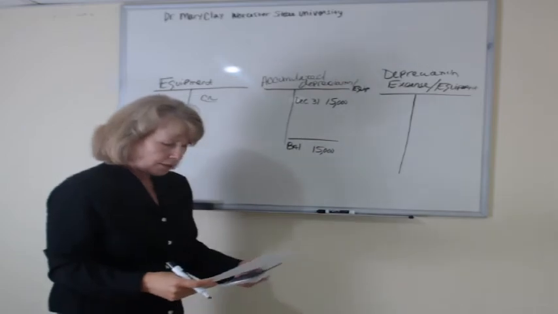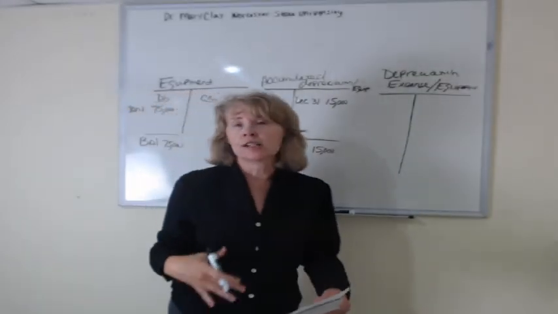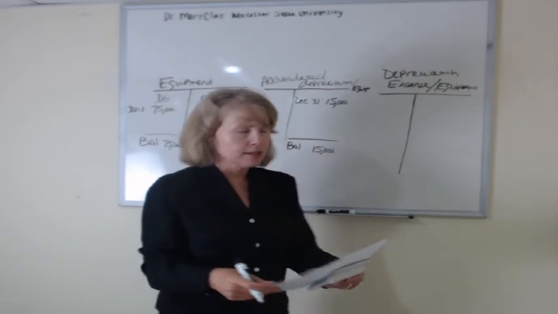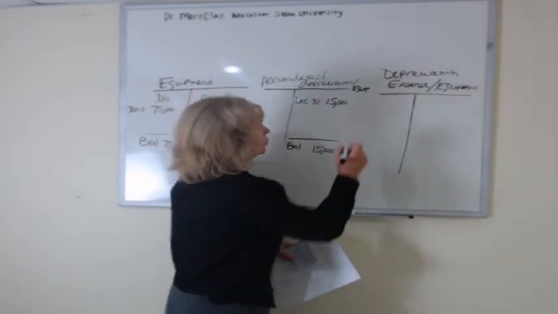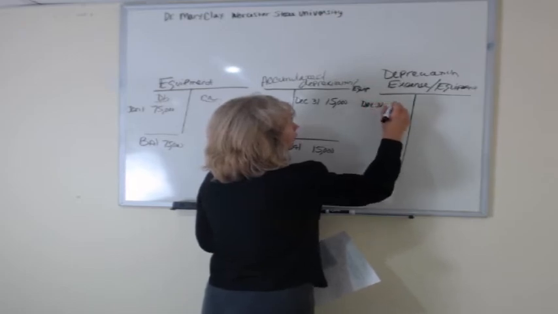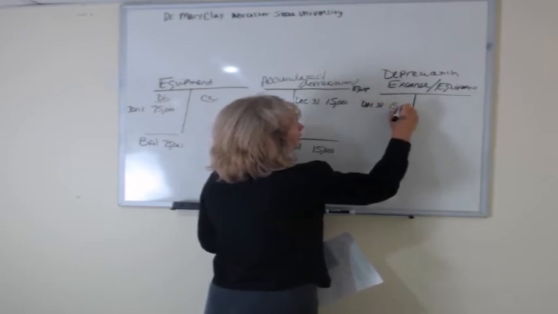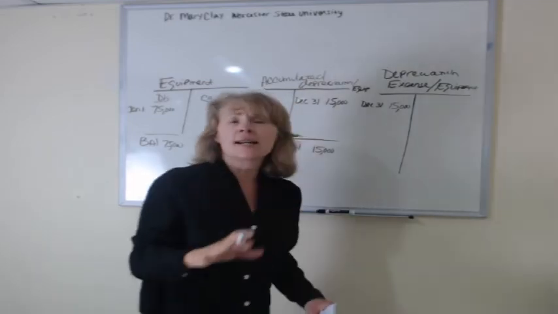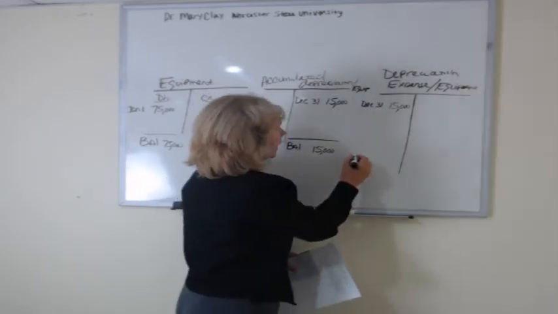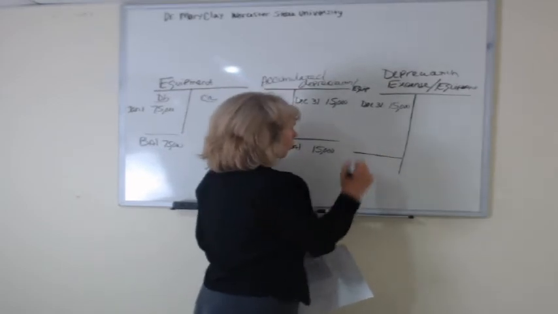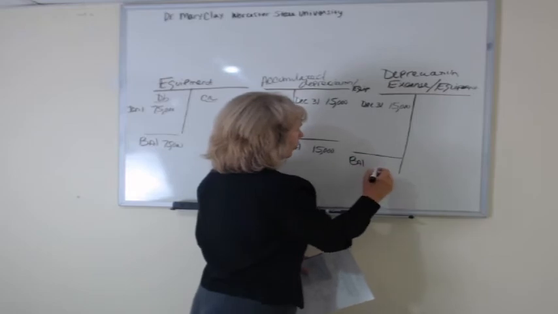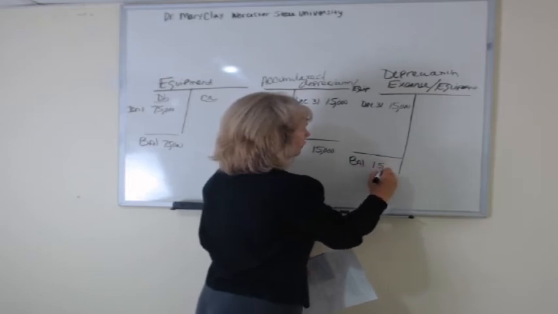Okay, now I go over to depreciation expense. When is the first time I hit depreciation expense? On December 31st. So I put in December 31st, 15,000. Did I touch it any other time? No. So in this particular case, there's only one entry and I've got my big balance and that's December 31st, 15,000.